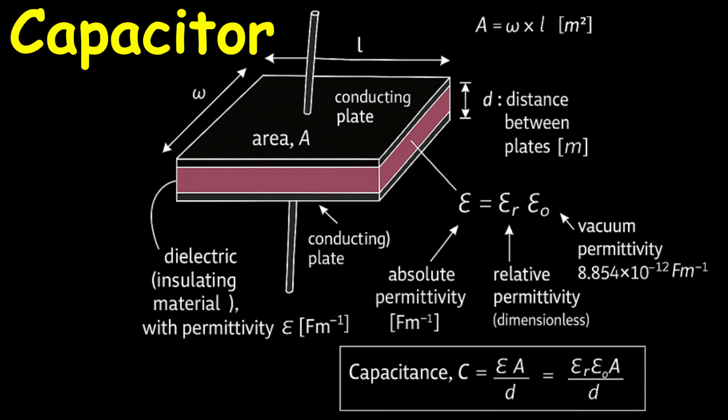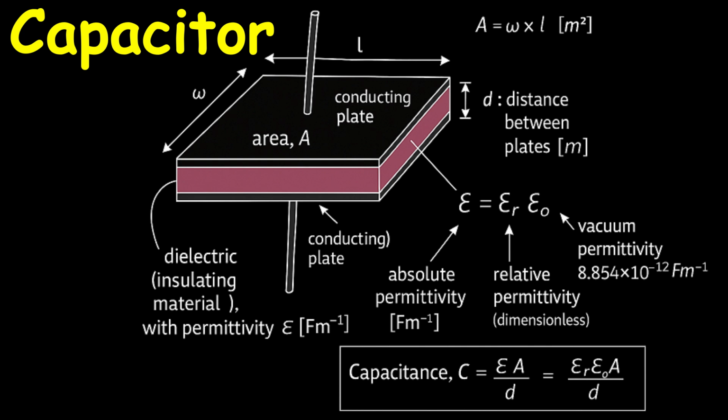The next critical dimension is the gap between these two plates. This is labeled with the letter D, representing the distance between the plates, measured in meters. This distance is incredibly important, and its effect is the opposite of the area. Think about magnets. When you bring the north and south poles of two magnets close together, the force of attraction between them becomes incredibly strong. The same principle applies here.